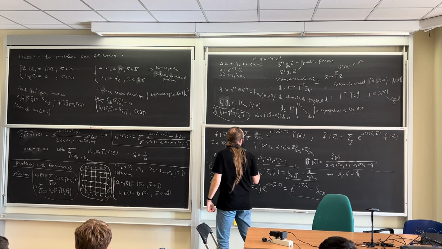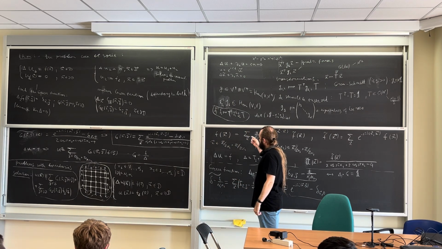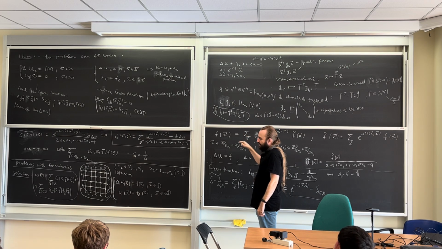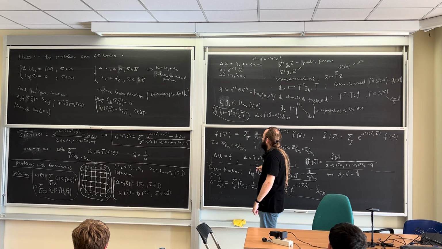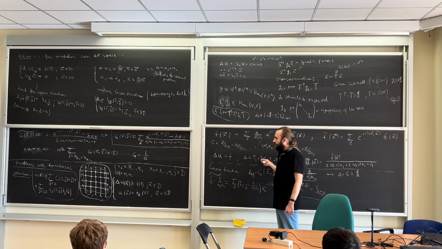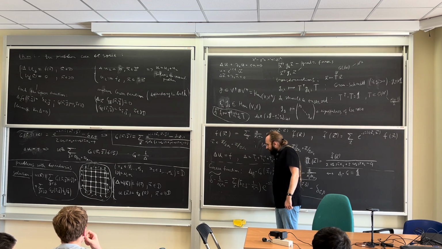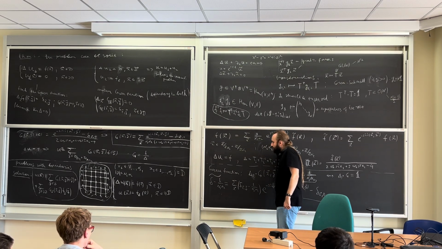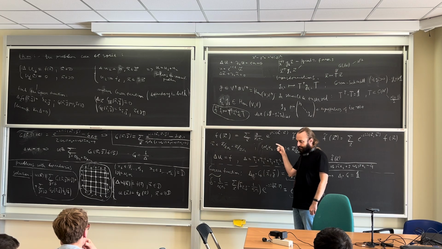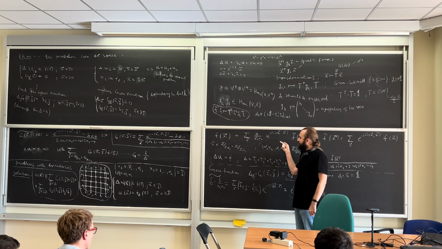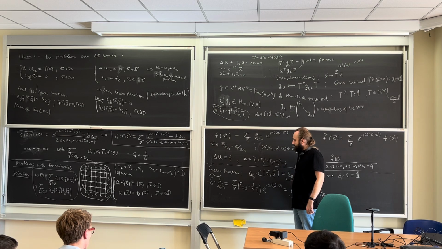We see that here everything was shift invariant, and it was natural to use just exponentials to represent any function on this circle.